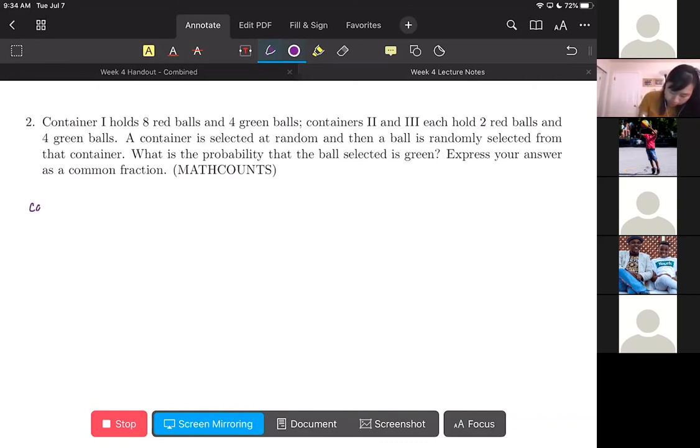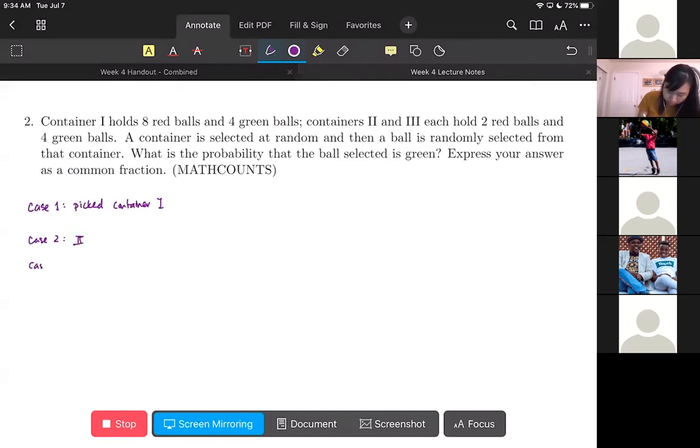Okay. So case 1 is we pick container 1. Case 2 is we pick container 2. Case 3 is we pick container 3. Is that what you mean?